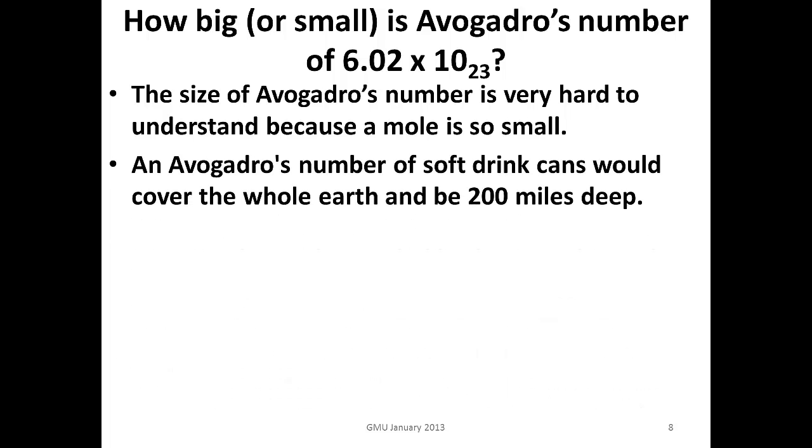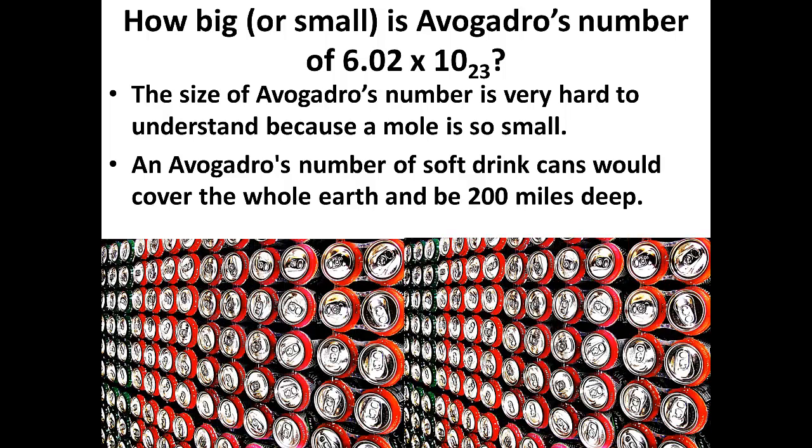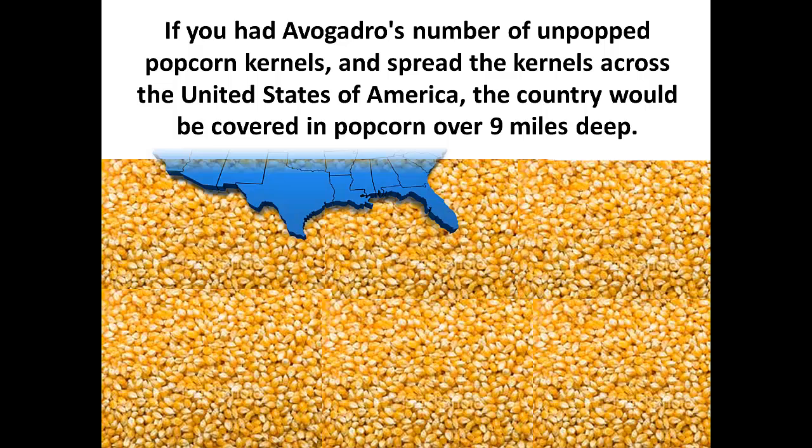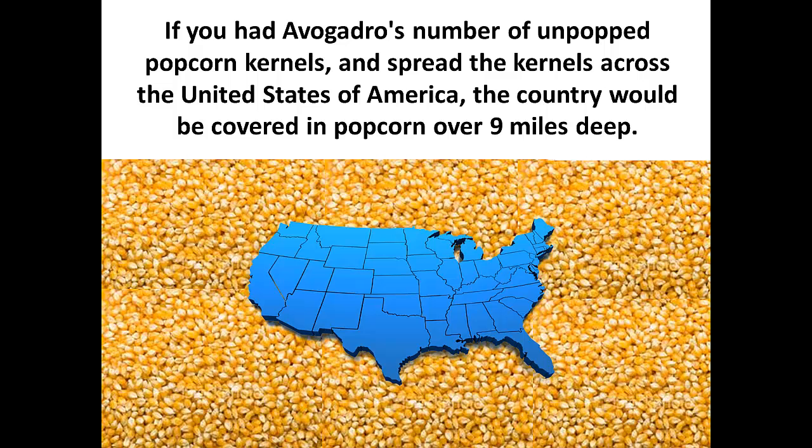Avogadro's number of soft drink cans would cover the whole Earth and be 200 miles deep. If you had Avogadro's number of unpopped popcorn kernels and spread the kernels across the United States of America, the country would be covered in popcorn over 9 miles deep.